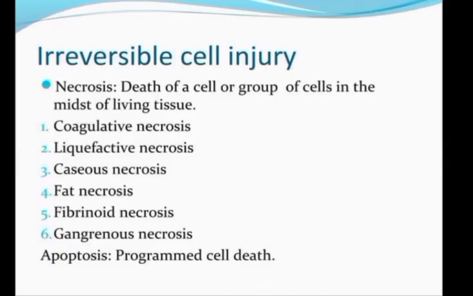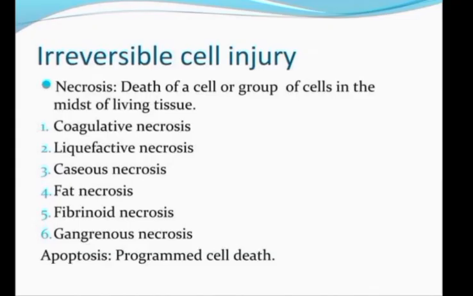The susceptibility of the cells varies according to their niche, structure and functions. Skeletal muscles can tolerate hypoxia better than cardiac muscles. Cardiac muscles will undergo irreversible injury after approximately 20 to 30 minutes of severe ischemia. Nutritional status and adaptive capacity of the cells can also influence the outcome.